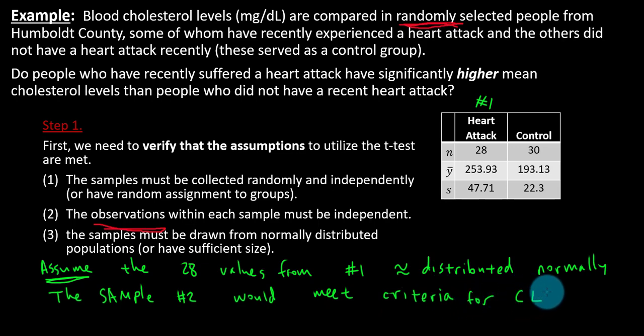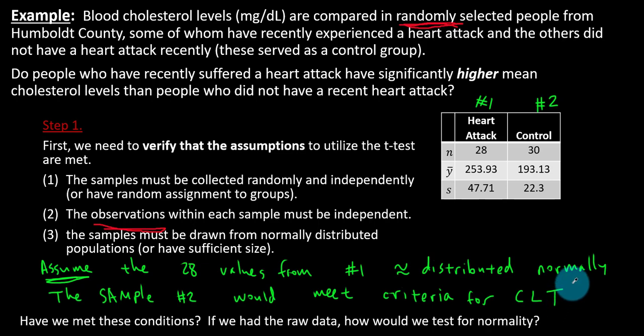So even if we had the raw data, we would want to check if that raw data for the control group, group number 2, was normally distributed, but even if it was not, we would still be able to invoke the central limit theorem. So have we met these conditions? I think with reasonable assumptions, I think that we have.